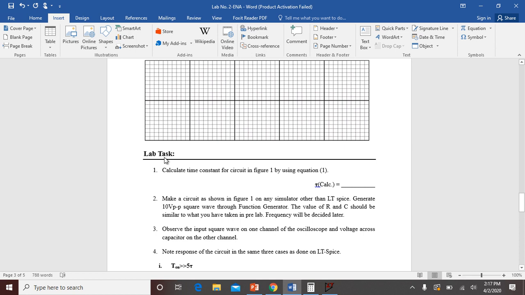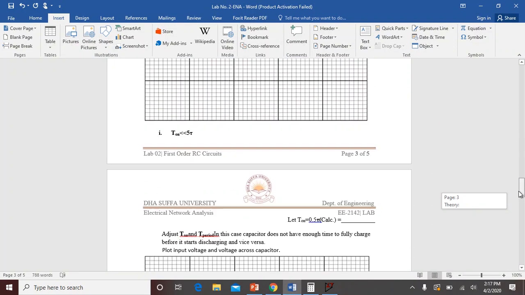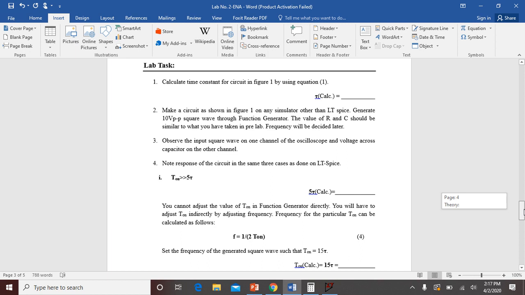But since we cannot do it in this quarantine time, we can explore another simulator similar to LTspice. One simulator we have observed is LTspice. Now we can also observe some similar simulators. To do that, you can Google similar simulators.